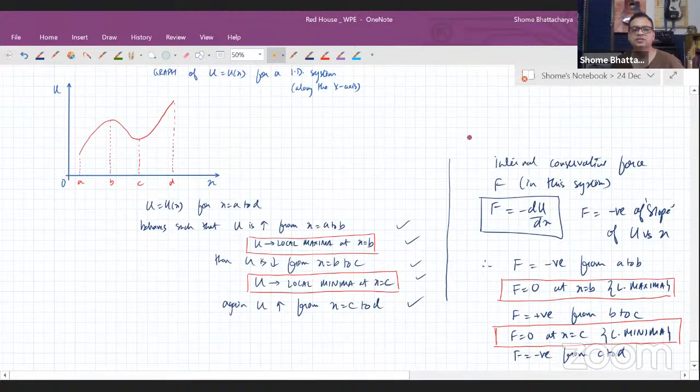Again, this is some hypothetical graph, some imaginary graph of potential energy as a function of the one-dimensional coordinate. Suppose it happens to be like this. Then what can we say about the force in the system?